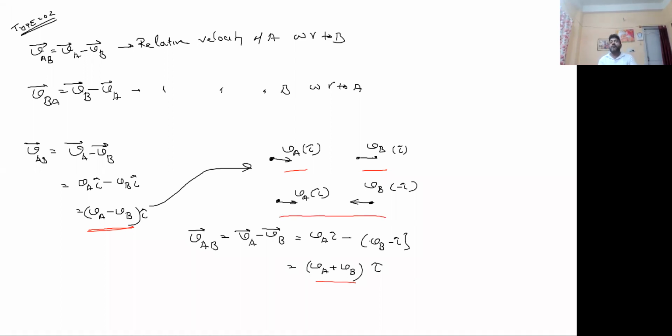That's why, if you get a question with two trains moving in the same direction, suppose one is 20 meter per second and another is 15 meter per second, what is the relative velocity of A with respect to B? We write 20 minus 15, that is 5 meter per second.